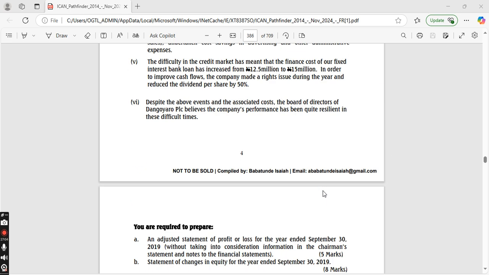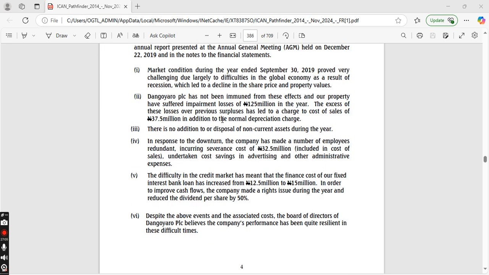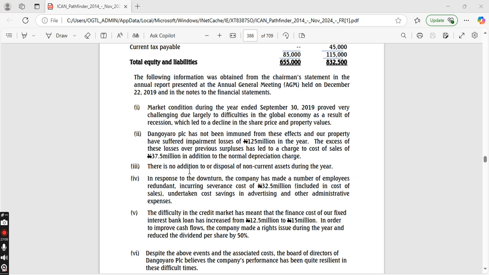Now, what are we saying in essence? Look at your asset. The question says that the excess of this loss over previous surplus has led to what we charged this year.